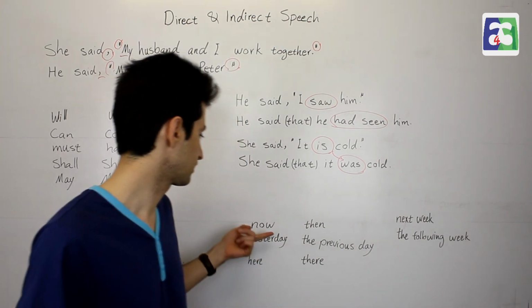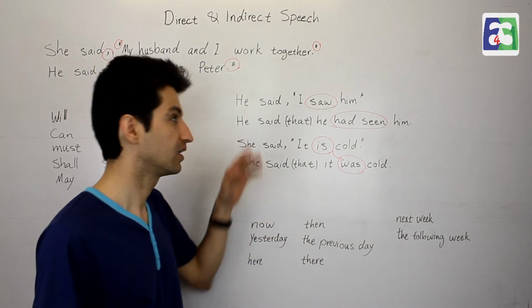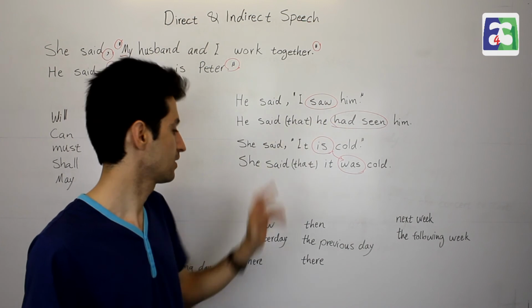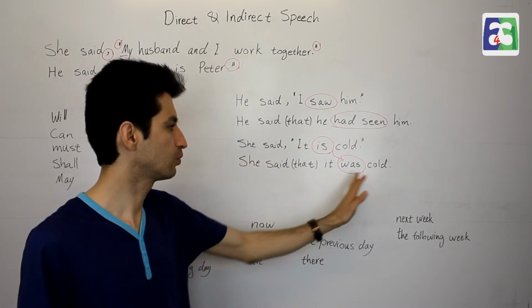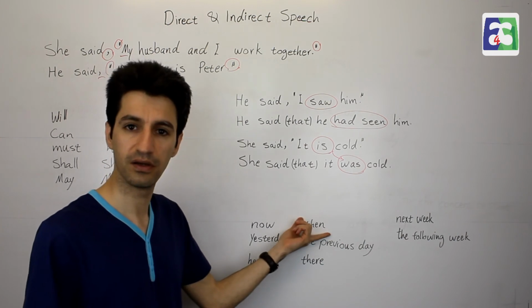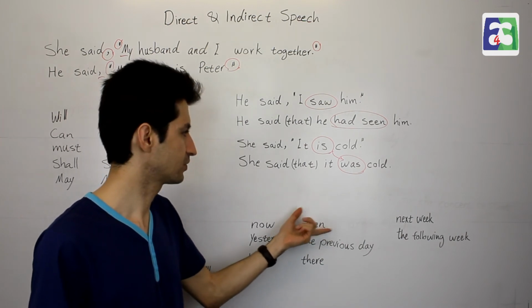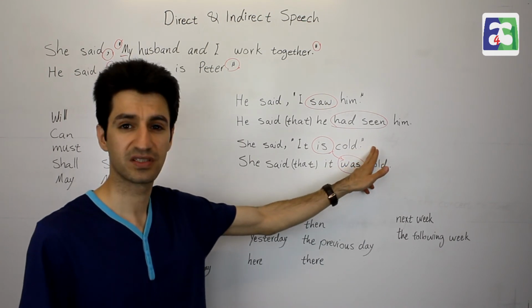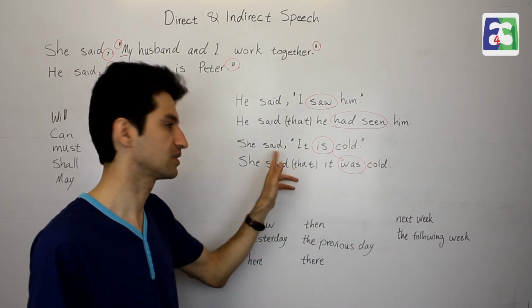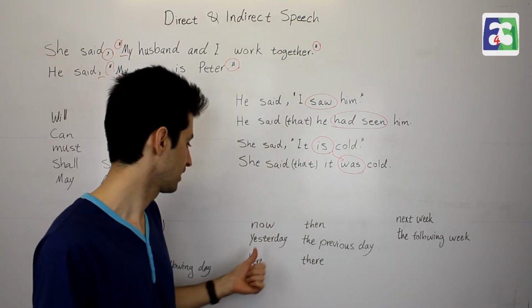And the same thing over here, when I say now. The person in the direct speech says, now, okay, it is cold now. I say, she said it was cold then. This goes back to that time, and I don't know that time. I won't mention that time as now, because that is gone past.